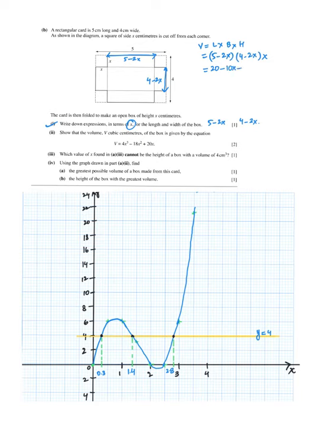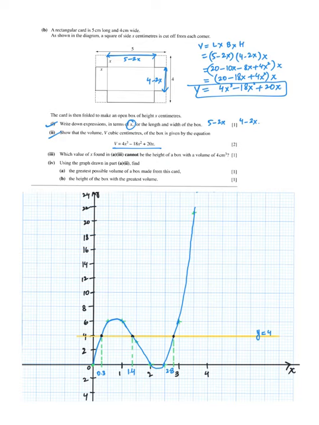Minus 2x times 4 is minus 8x, and minus times minus is plus 4x squared, and outside we have x as it is. So I multiplied those two brackets. I will simplify it: 20, minus 10 minus 8 is minus 18x, plus 4x squared, and outside the bracket we have x. So now if you multiply by x, it will be 4x cubed minus 18x squared plus 20x, right? So you need to show the same expression we got here. So that is your part 2 answer.